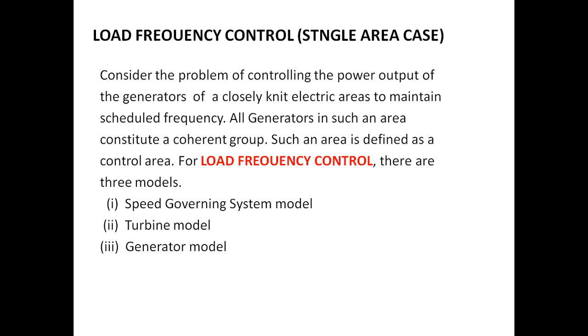Therefore, as a whole, we can consider all generators as a single generator or equivalent generator. In that area, these generators form a coherent group, and this area will be called a single area or single control area for load frequency control.